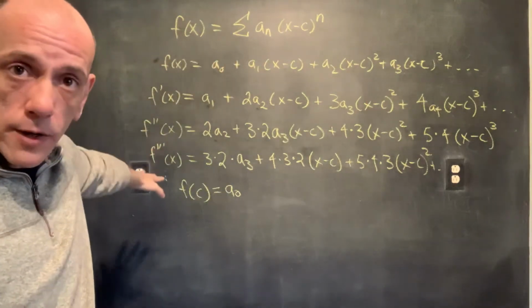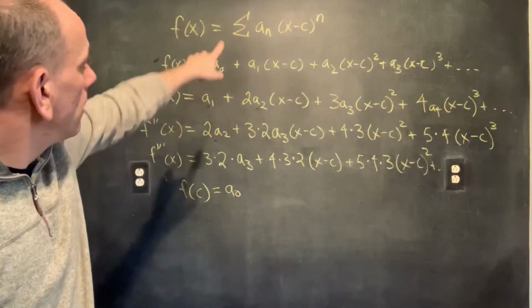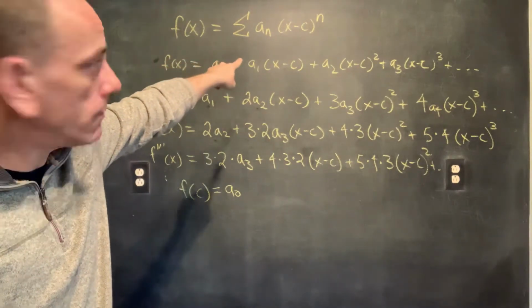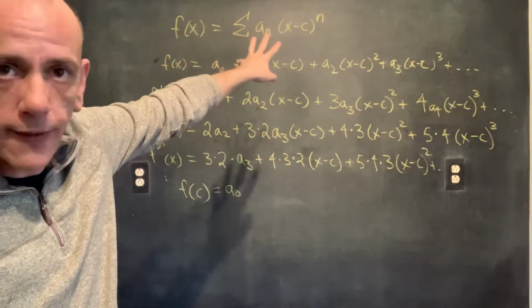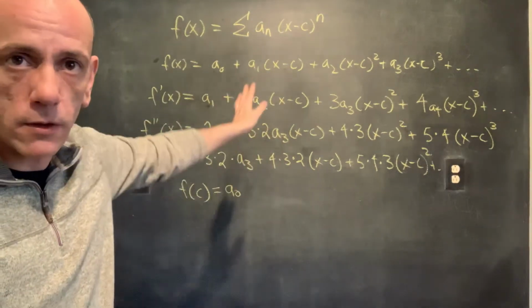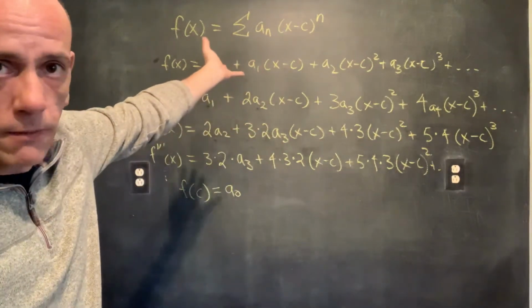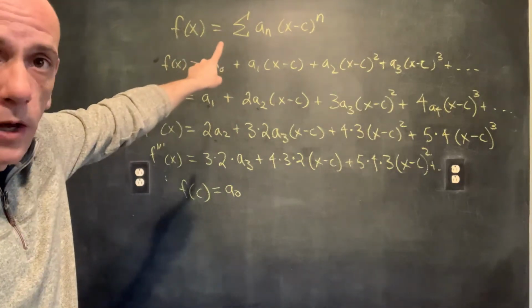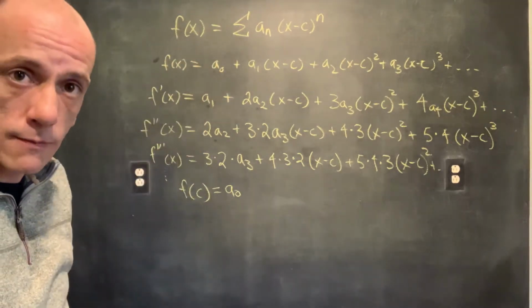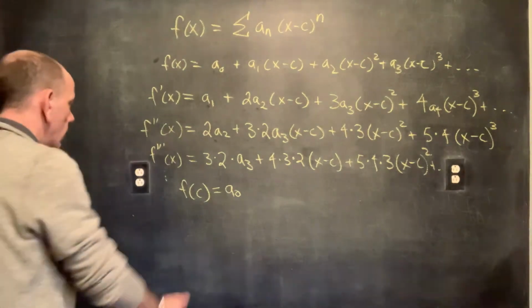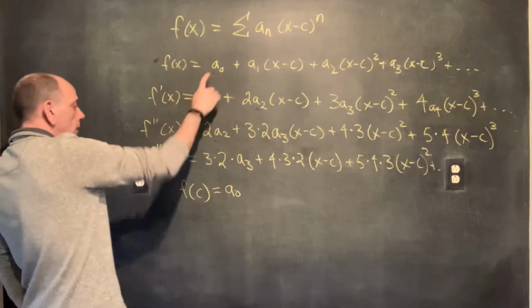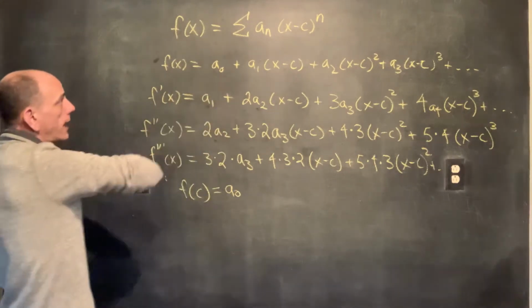I want all the derivatives to agree as well. So what's at stake is figuring out what those a sub n's are. The x minus c to the n is just part of the center. It's the a sub n's that we're worried about. What sequence of numbers do I need in order to make this true? So f at c is this first a sub 0.